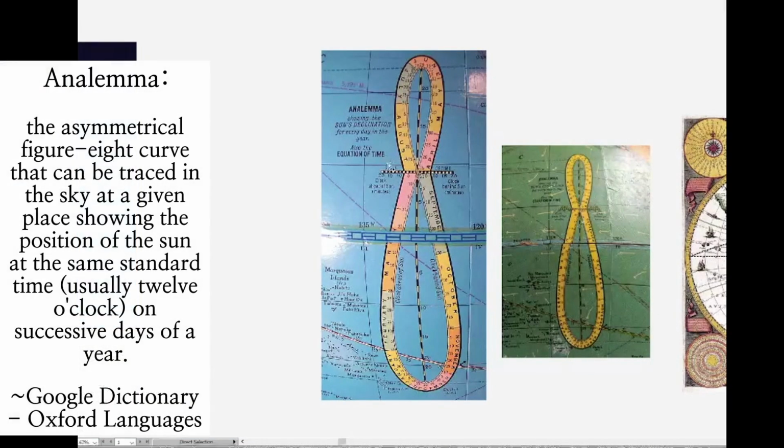On a lot of old maps or a globe, they actually mark the Analemma, and they'll show you how it works. It's the path of the sun, so I'll just read this. Analemma showing the sun's declination for every day in the year, also the equation of time.